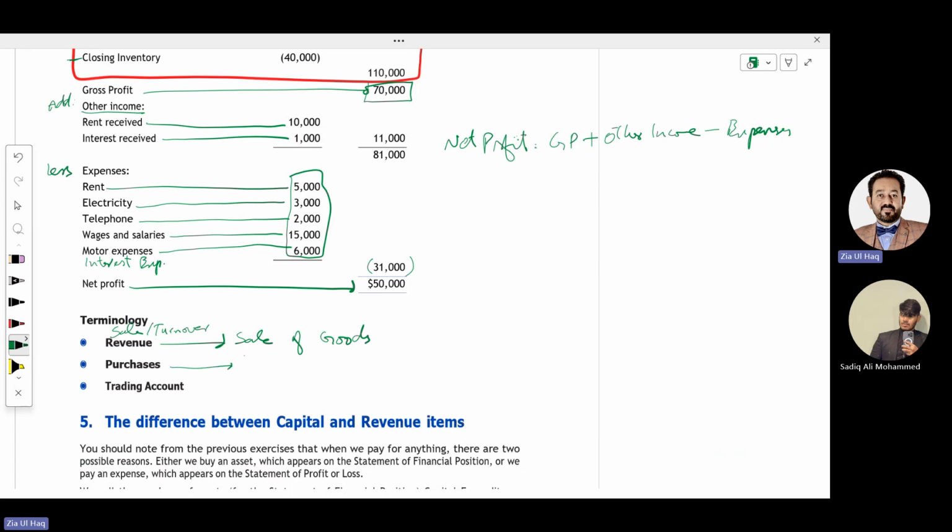The word purchases will be used for purchase of goods, not for purchase of any asset. If we are purchasing a car, we will not use purchases, we will debit the asset name, car. If we are purchasing goods, we will not debit inventory, we will debit purchases. Goods mean inventory.